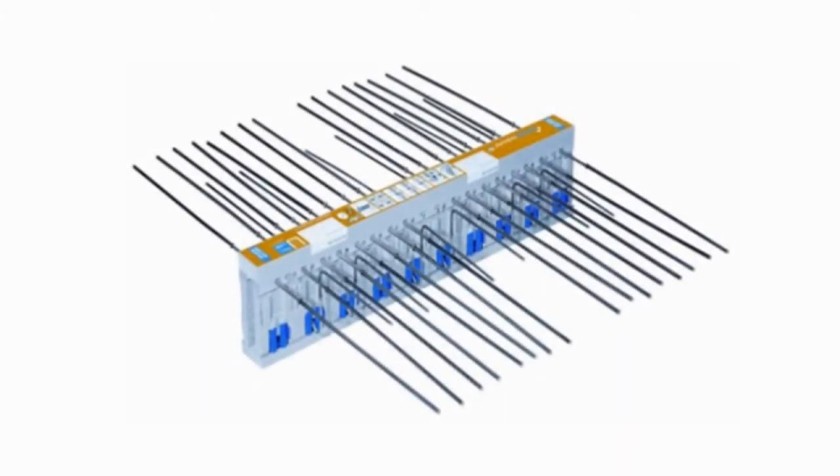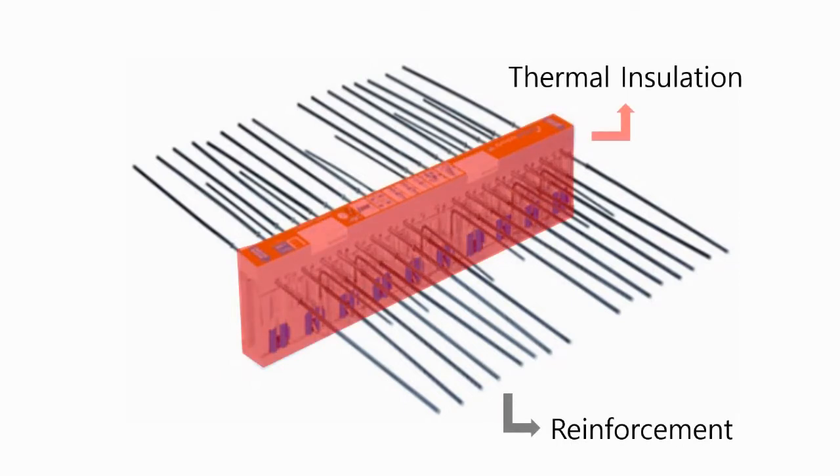It is the thermal break that can deal with these problems. A thermal break is a structure in which a reinforcement that connects the external balcony slab and the internal floor slab crosses the thermal insulation in the middle.